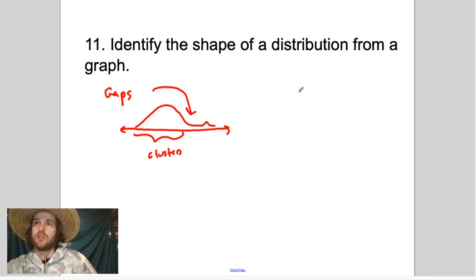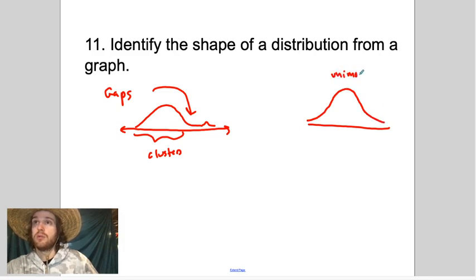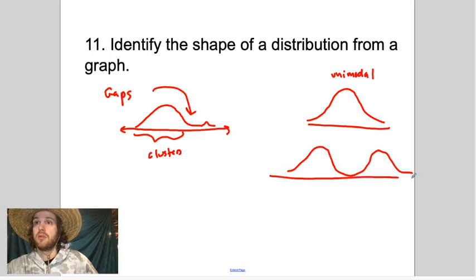You can also describe the number of bumps that you have. So if you're talking about something that has one node like this, we call this unimodal. If you're seeing something that's got maybe 2 like that, this would be bimodal, and they don't have to be disjoint.